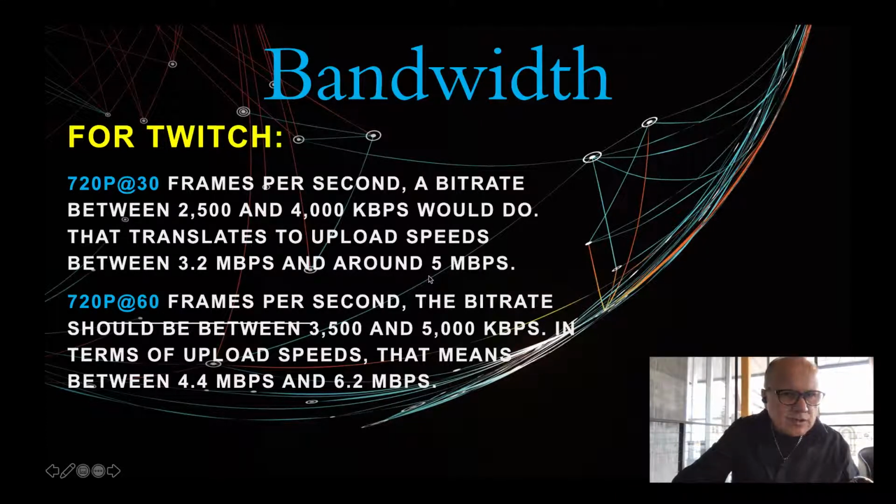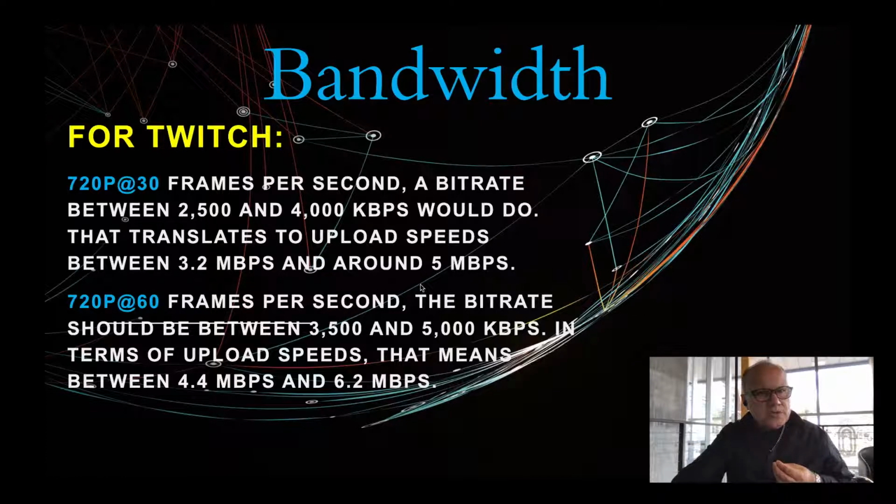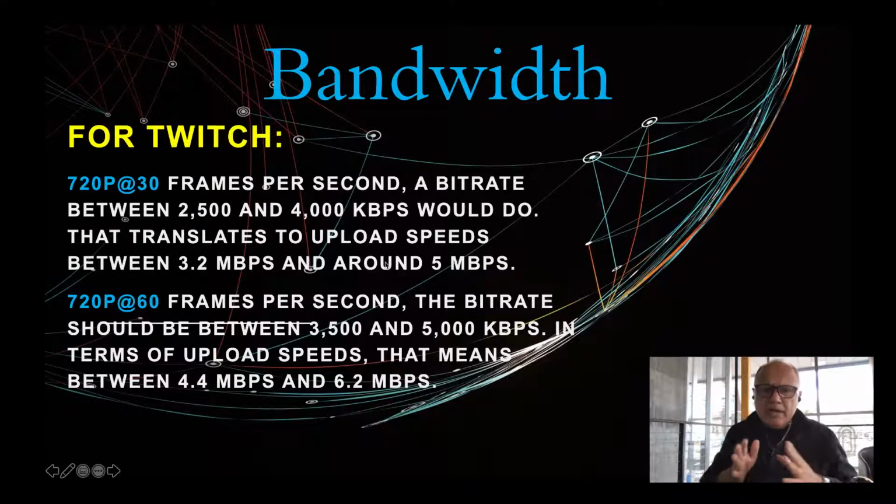Now, how did they get those numbers? Those numbers that you see right there are with the buffer. Twitch provides you with that information. Twitch tells you, hey guys, this is what we're requiring, but if we put that 40 or 50% buffer, what you should be looking for is this right here, 3.2 megabits and around 5 megabits per second, which is about correct.